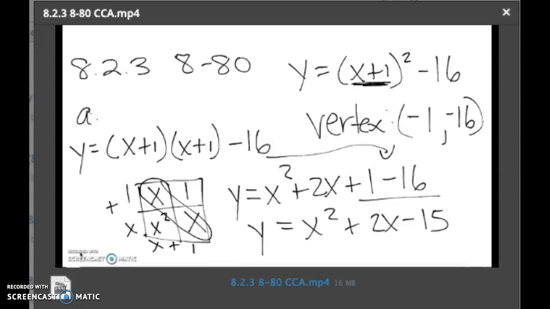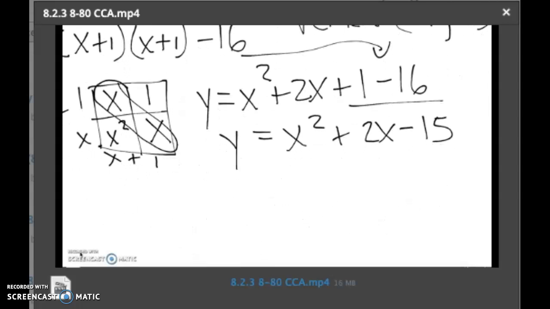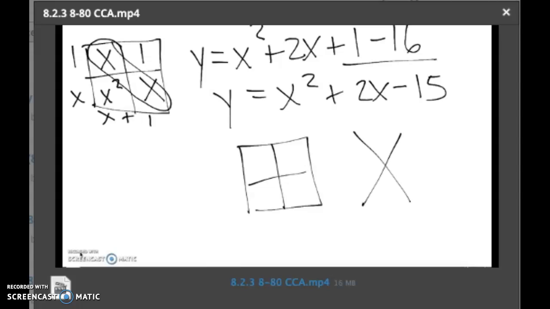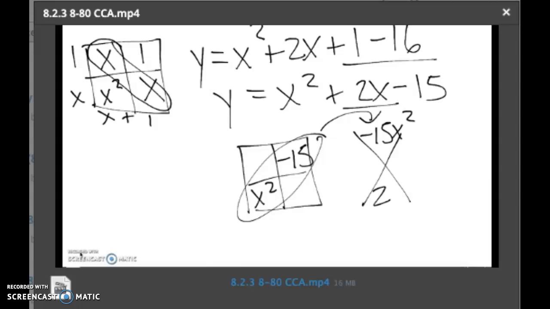Now that I have this written in standard form, I'm going to factor this using my generic rectangle and my diamond. I have x squared and I have my 1s, and I multiply those together to get the top of my diamond. My x's go in the bottom of my diamond, and now I'm looking for factors that multiply to give me negative 15x squared and add up to give me 2x.